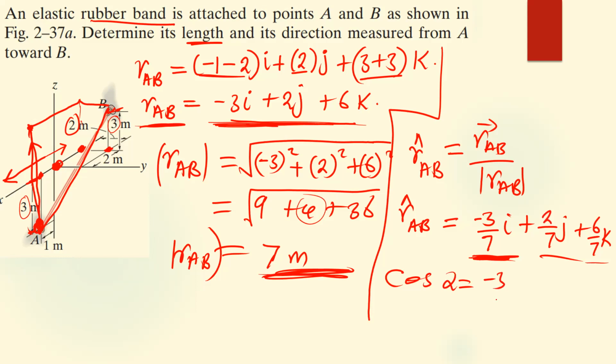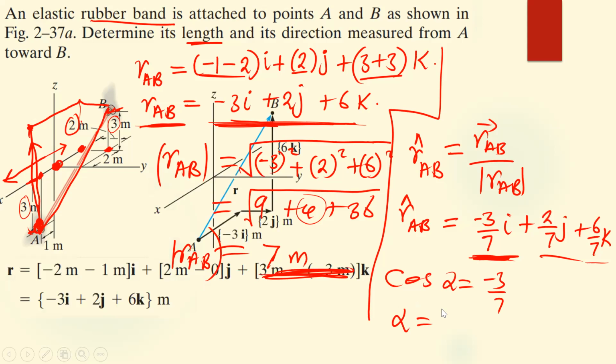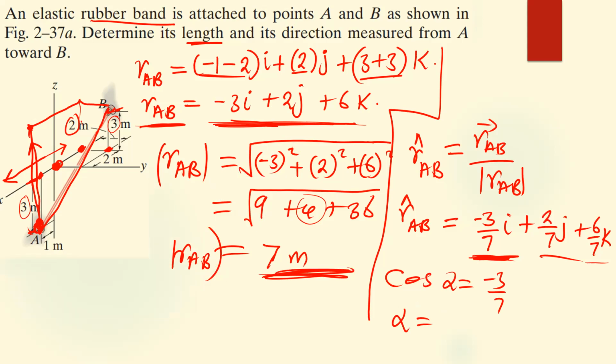So we have negative 3 over 7. And to find alpha, alpha is equal to the cos inverse of that.